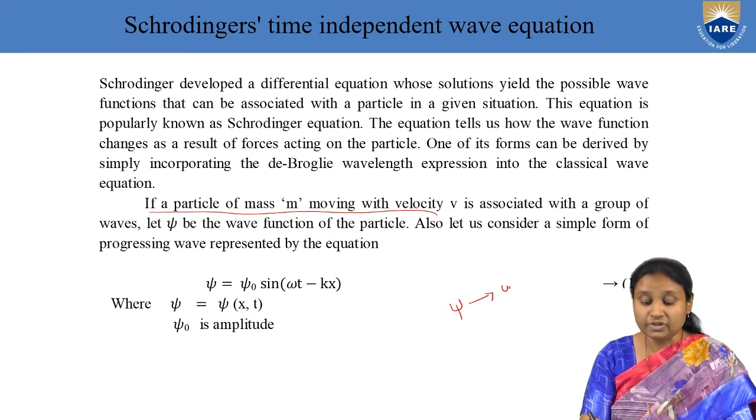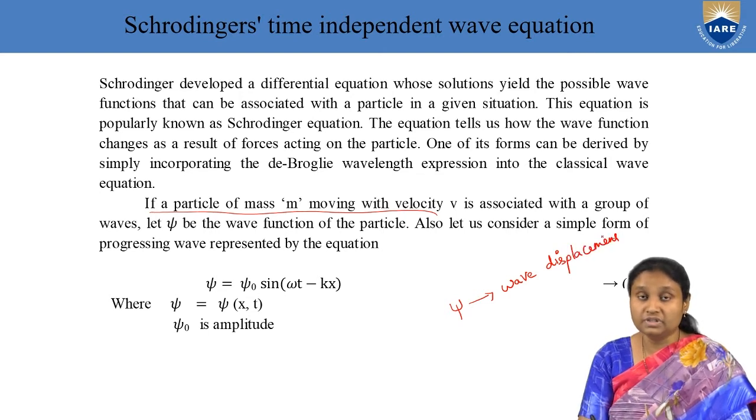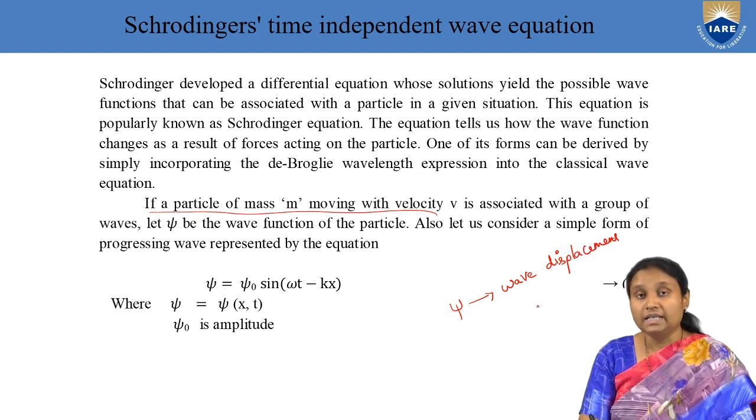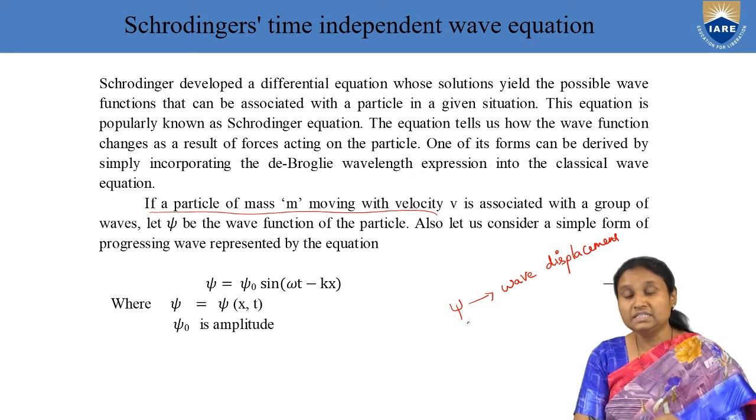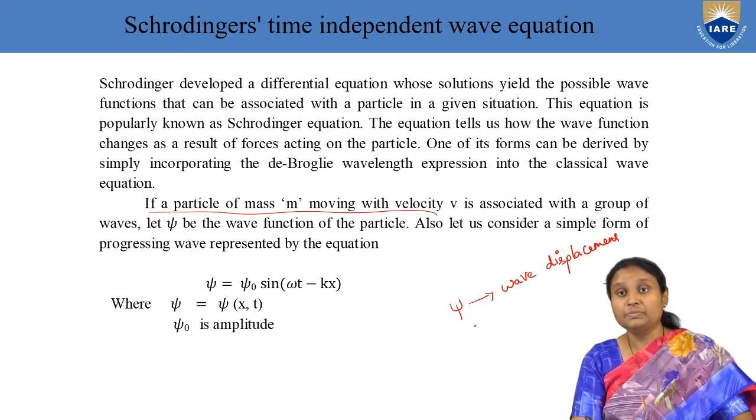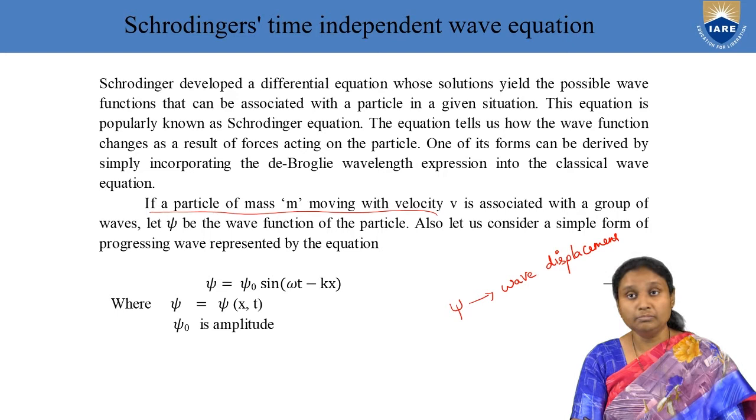This psi first represents the displacement of a wave. If we have a particle moving with a certain velocity, then it will exhibit the property of a wave, according to de Broglie's hypothesis. This wave displacement is given by the notation psi, and we say that this psi also represents the wave function of the particle.